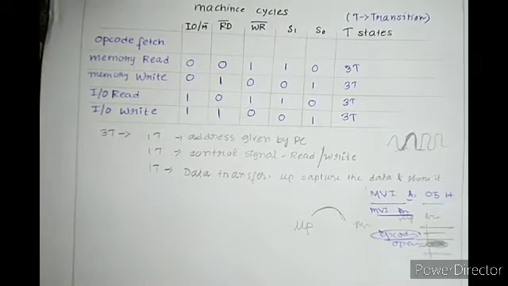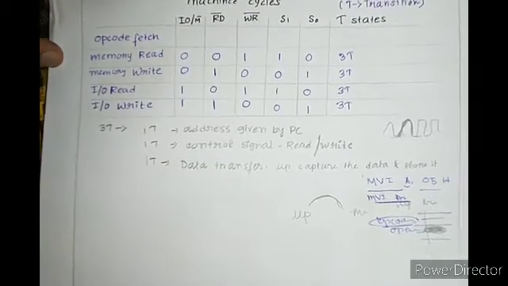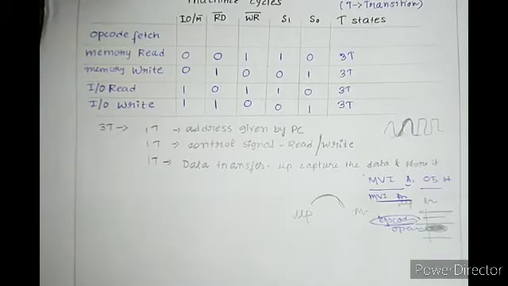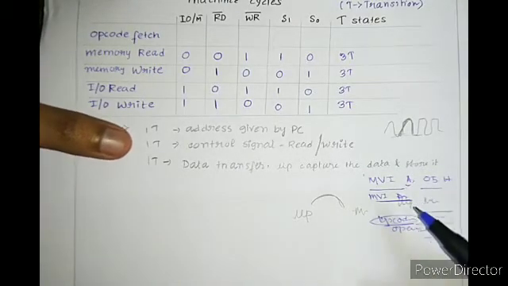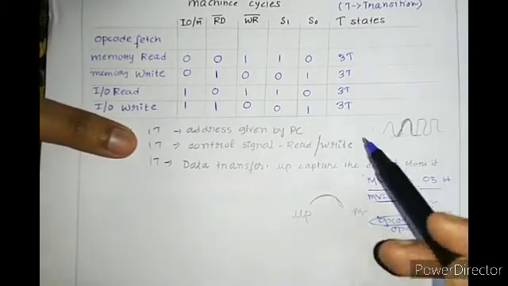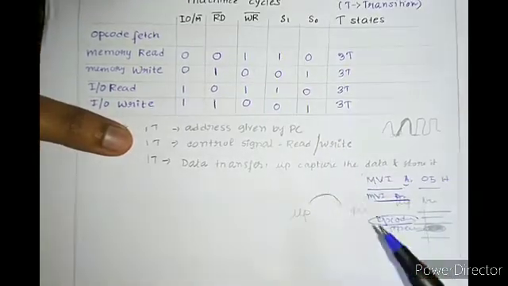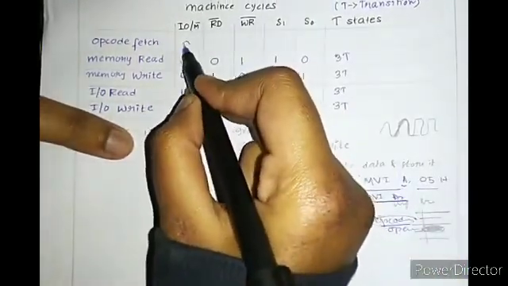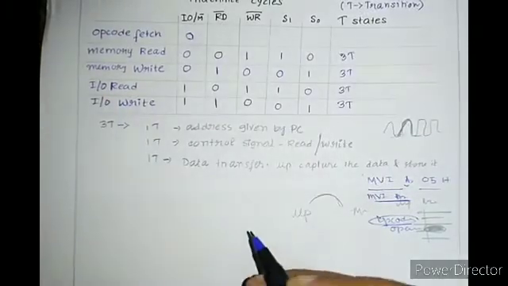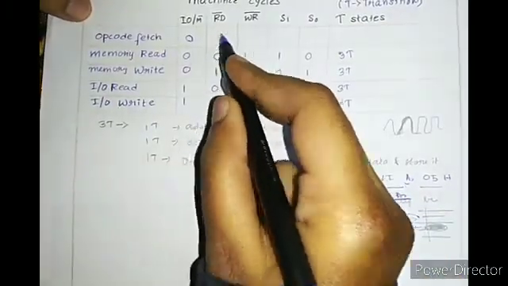But here we have to understand something. First of all, let's fill up the line. Opcode fetch, is it a memory operation or an IO operation? Obviously memory, because the opcode is stored in memory, and the MUP needs to read from it. So IO/M is 0. Is it a read operation? Yes.